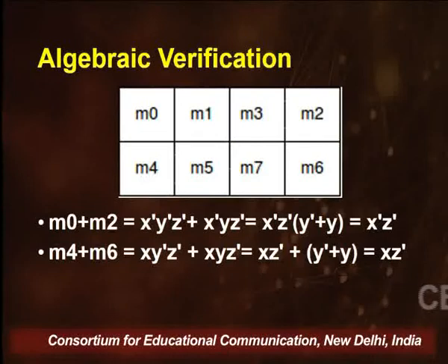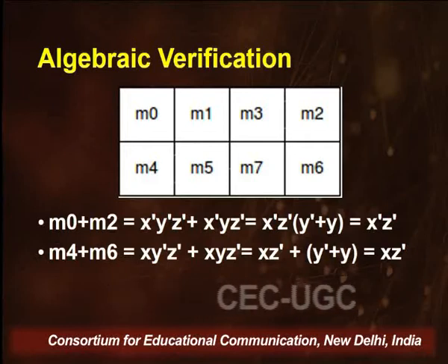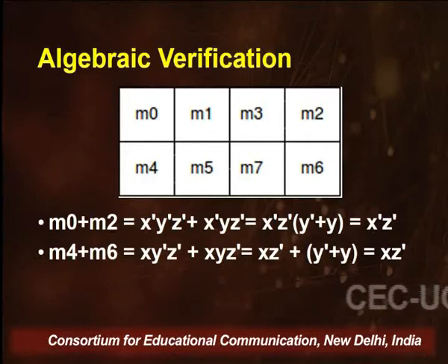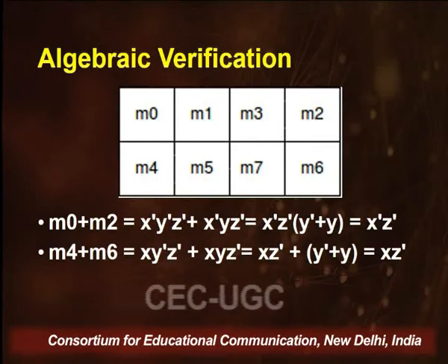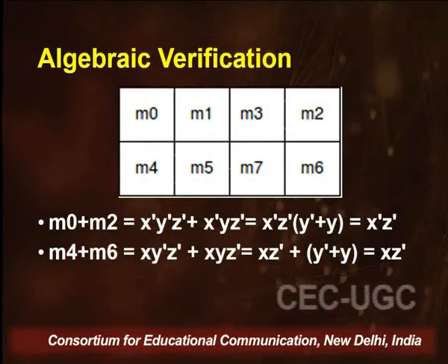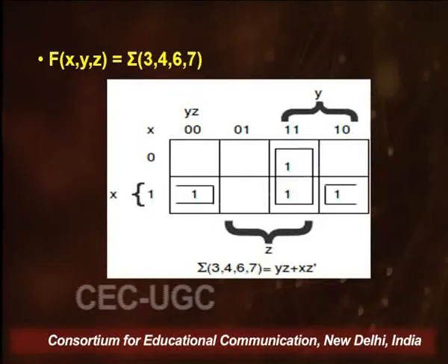Similarly, m4 and m6 are not touching each other, but if I use the concept of wraparound, m4 and m6 are also logically adjacent because for them also only one variable is changing. So we could have grouped m0 and m2, m4 and m6, or made a big group of 4: m0, m2, m4 and m6. So these will also be called neighbors.